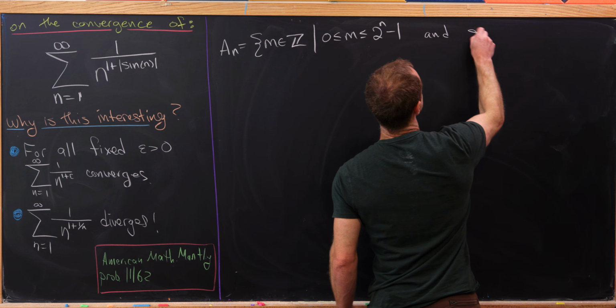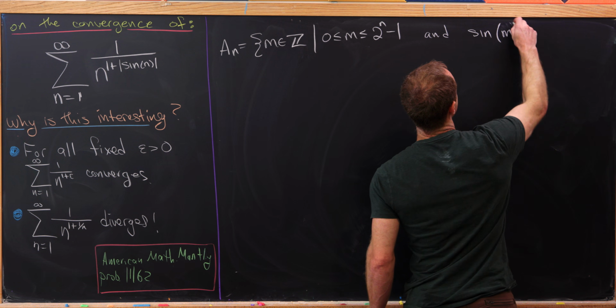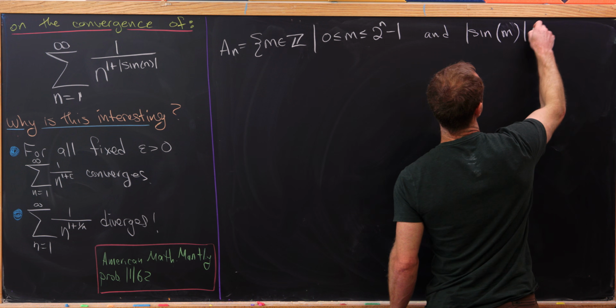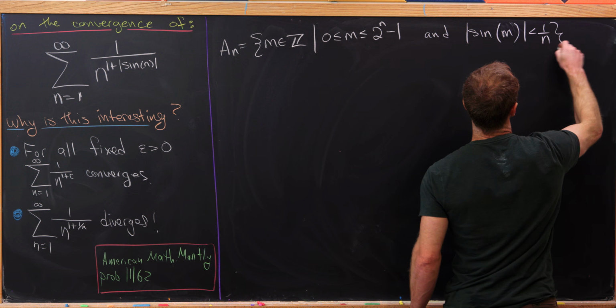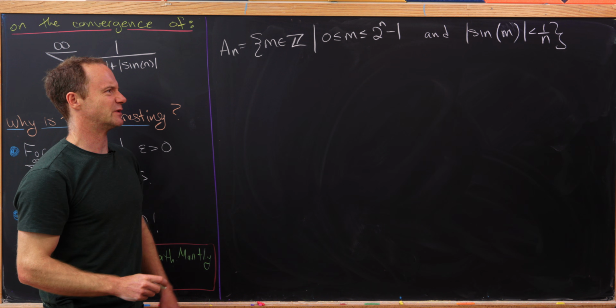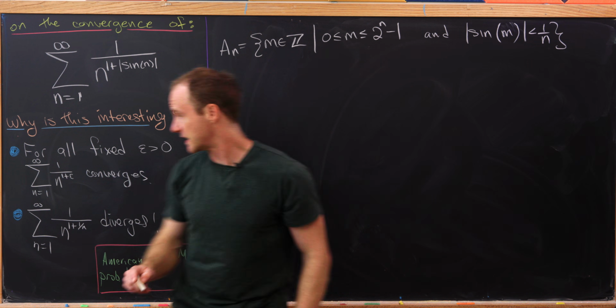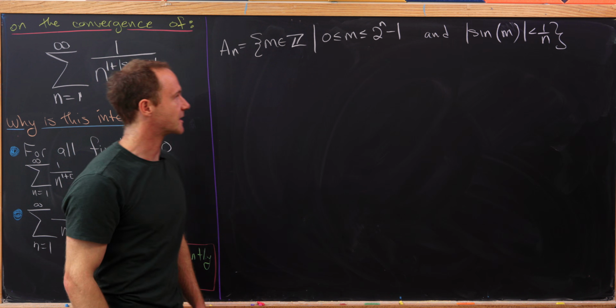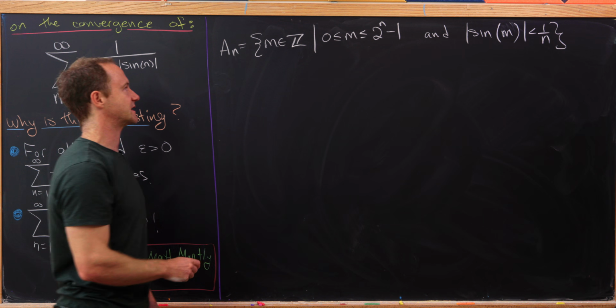They also have to satisfy the rule that if you plug these numbers into the sine function and take the absolute value, you get something less than 1 over n. Of course, it makes sense that we would want it less than 1 over n, just in the spirit of this thing over here. So that'll be my first family of sets.